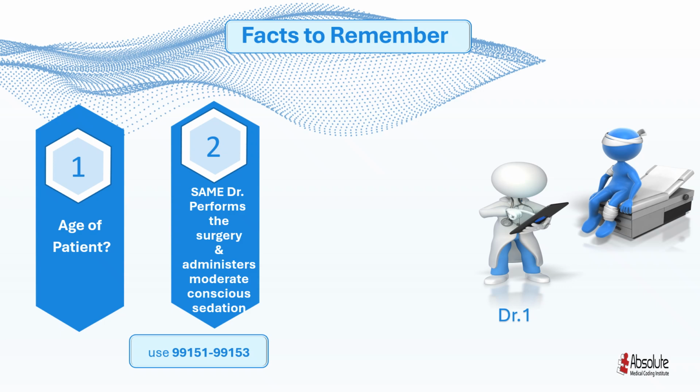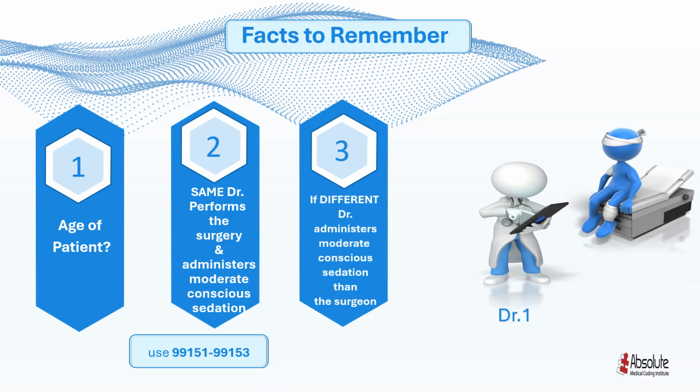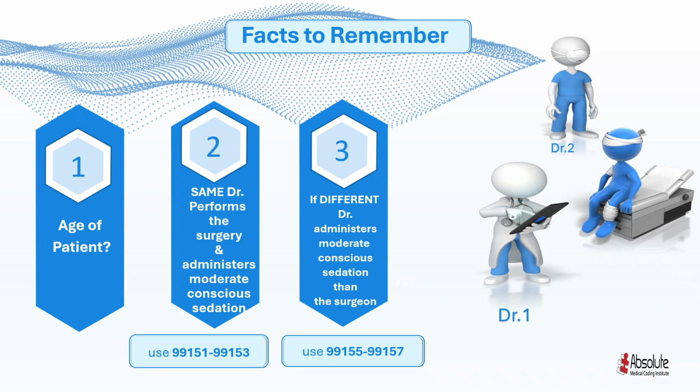99153. Now, point number three, if a different doctor than the surgeon administers the moderate conscious sedation, in such scenarios, you have to use a code series ranging from 99155 through 99157.